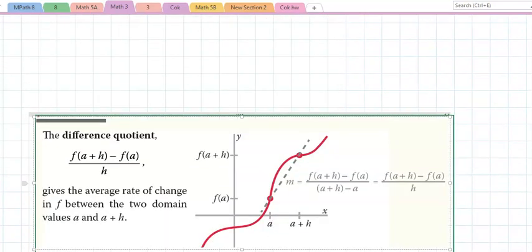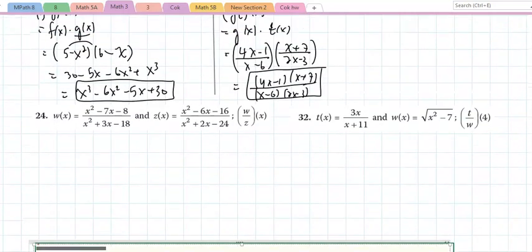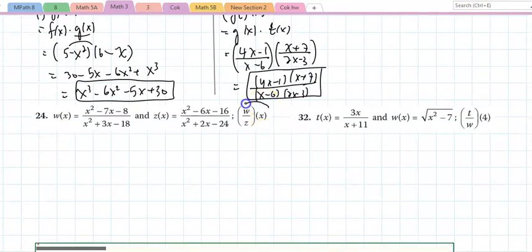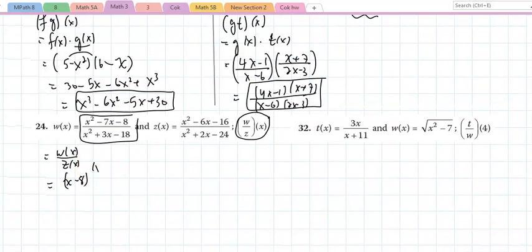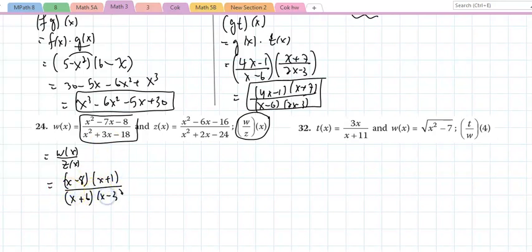Now division is slightly different. Division is a bit more work. If I take w divided by z operating on x, that's w of x divided by z of x. W of x is right there, and if I write that down, that is x minus 8 into x plus 1 over x plus 6 into x minus 3, factoring automatically.